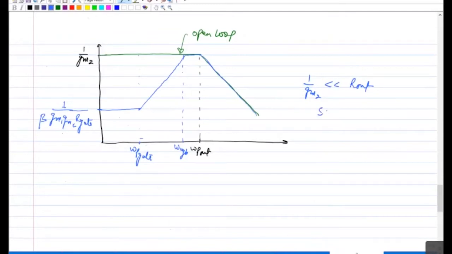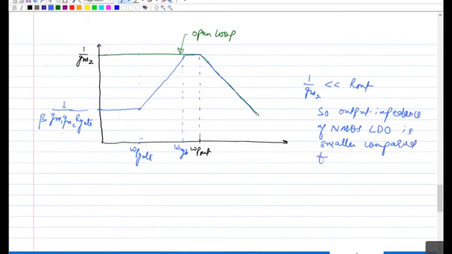So I can say that the output impedance of NMOS LDO is lower compared to PMOS LDO.